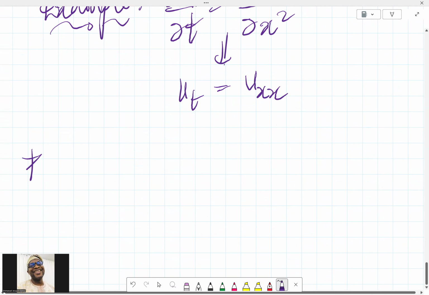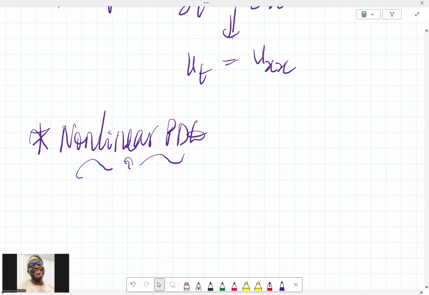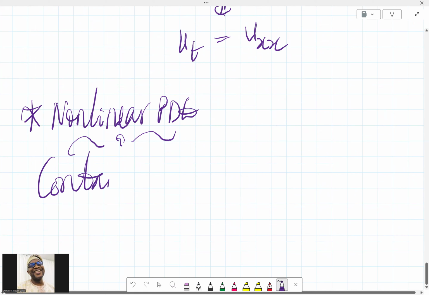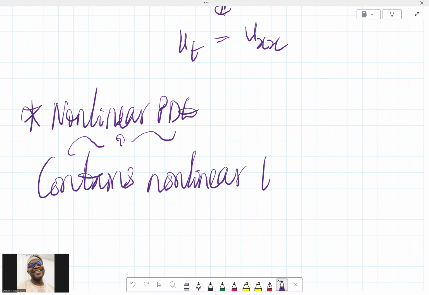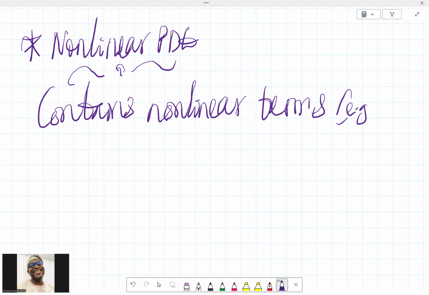So we have nonlinear PDE, nonlinear partial differential equation. A nonlinear PDE contains nonlinear terms, just like I demonstrated up there. For example, nonlinear terms would be things like u multiplied by a derivative of u, or something like partial u partial x all raised to power 2.